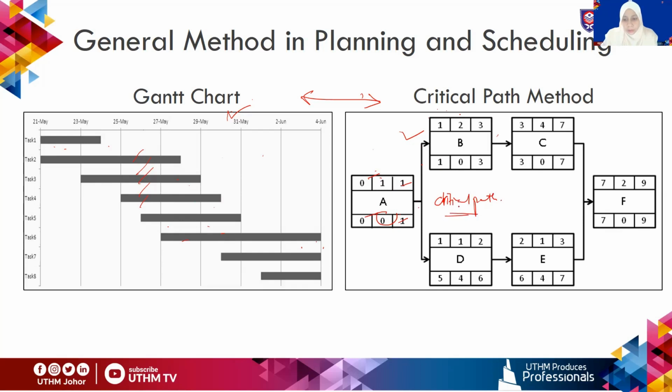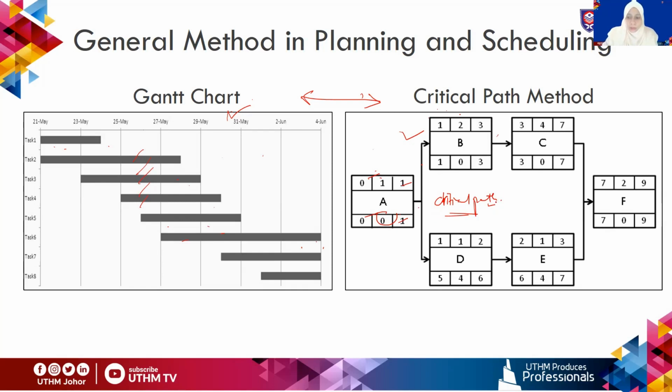Every project supposedly has at least one critical path. If a project has no critical path at all, it means the project is very excellent, very good. It means the project has available time and a lot of resources, which is very hard to achieve.